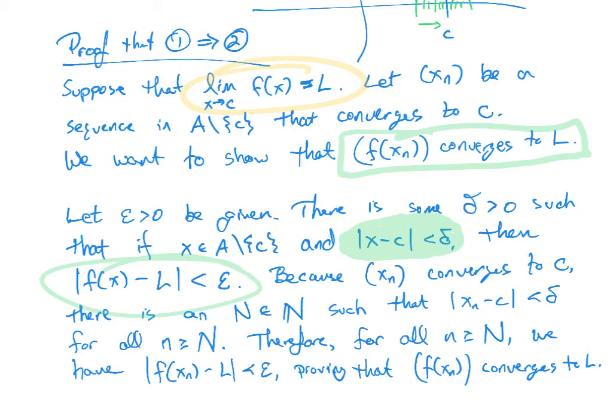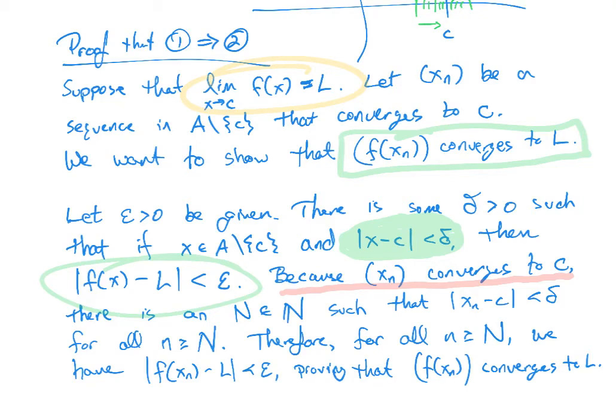So what we did here was we took the limit definition and swapped the x's for xn's. But we also used the sequential limit definition a bit as well, right there. So originally, you just use the definition of the limit of a function.